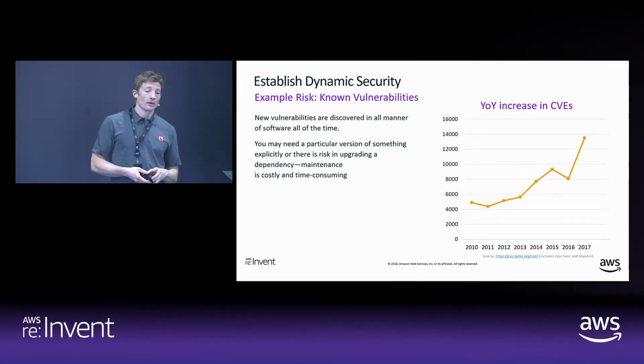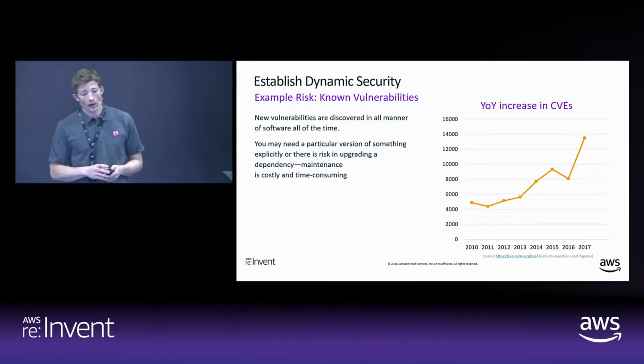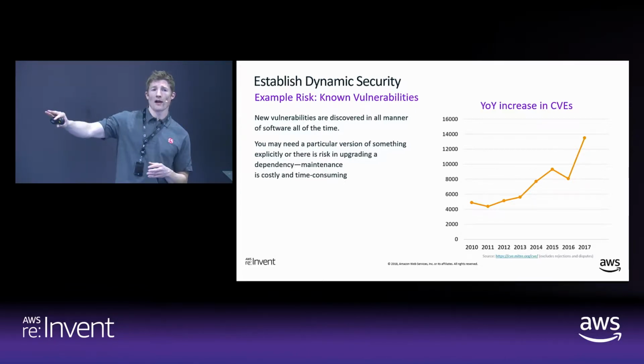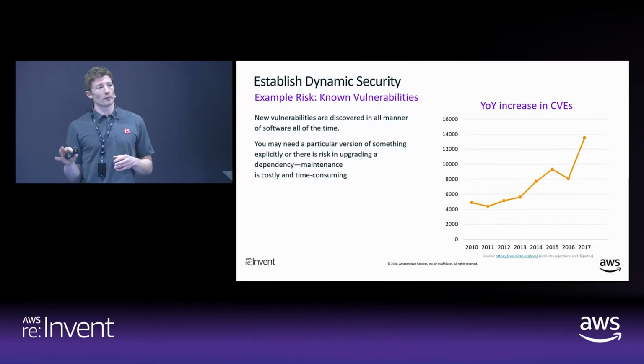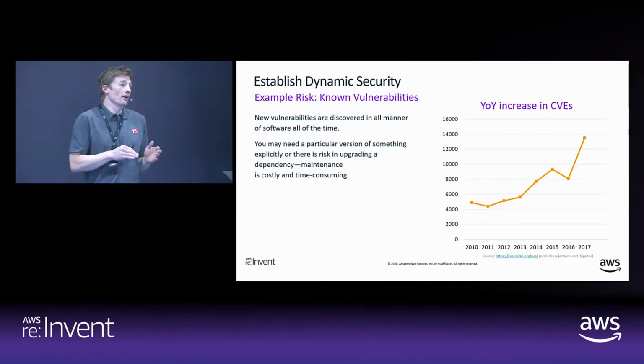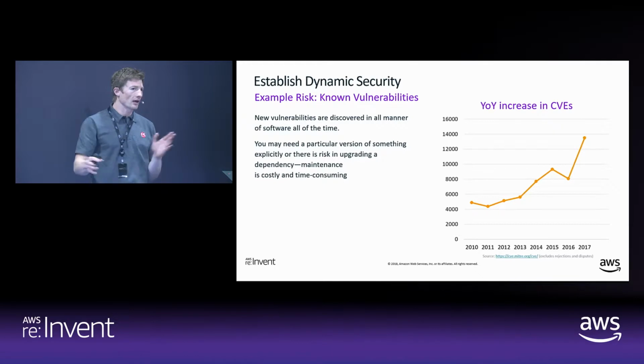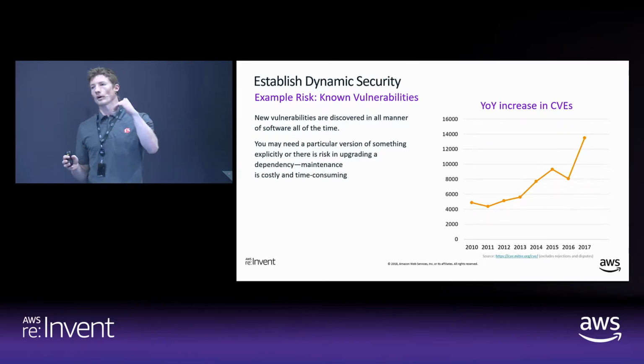Looking at another one, using software with known vulnerabilities. This happens all the time. Take a look at this graph. This is the total number of published CVEs year over year. You can see that number is only increasing faster and faster. There's a dip in 2016, so it looks like we had a lower reported incidence of CVEs.